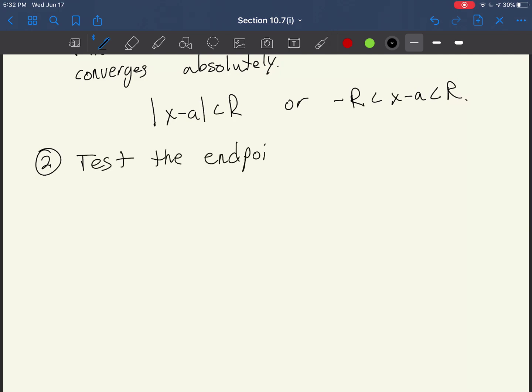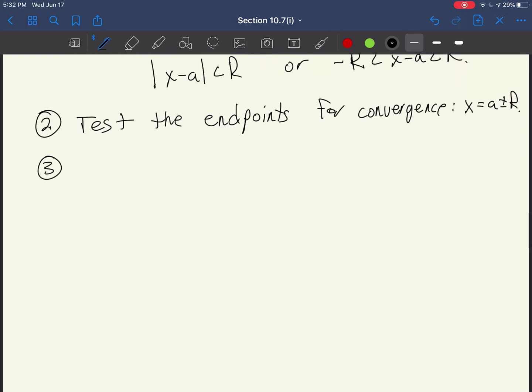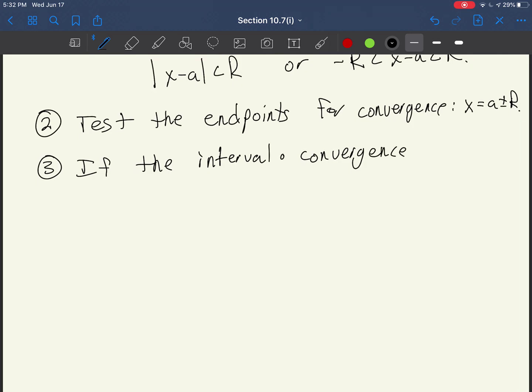Step number 2, after you do that, test the endpoints. You're testing them for convergence. Endpoints in this case would be x equals a plus or minus r. And then step 3, if the interval of convergence, I forgot the of.